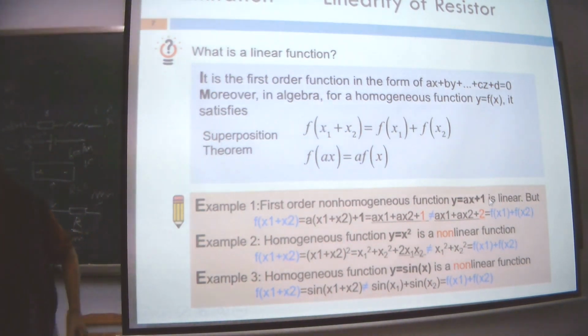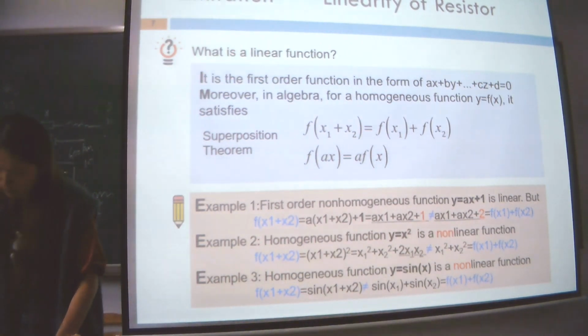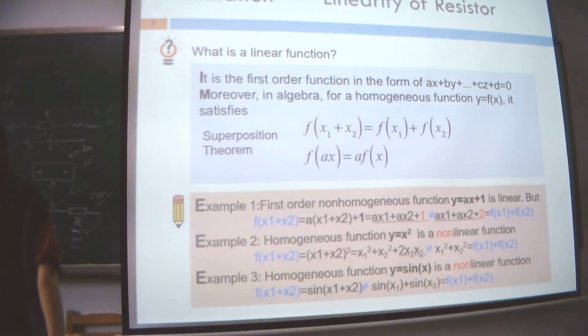It's not homogeneous because it's not equal. Non-homogeneous, but is it linear?